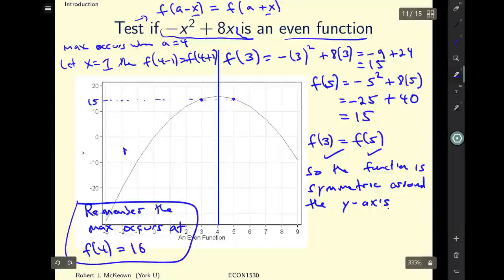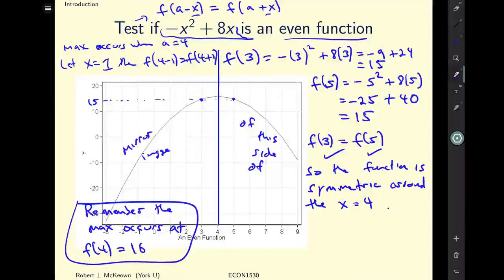This part of the axis is a mirror image of this side of, I shouldn't say around the y-axis, I should say around x equals 4. This line, symmetric around this line.